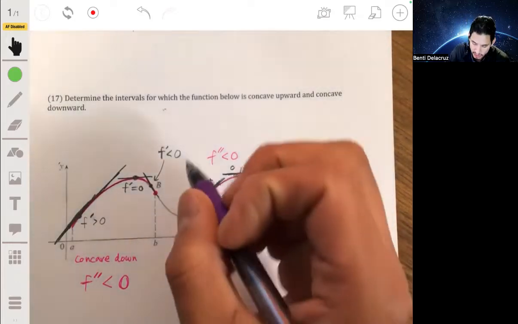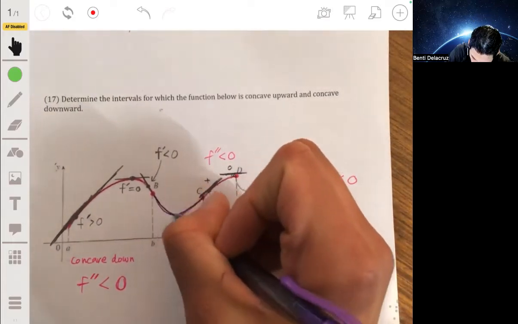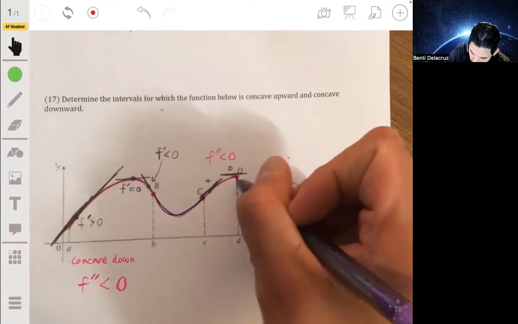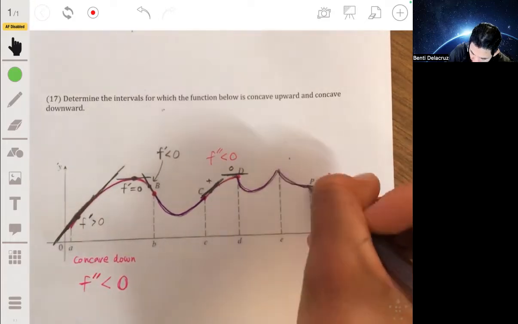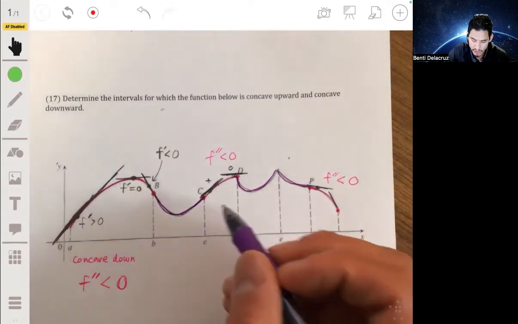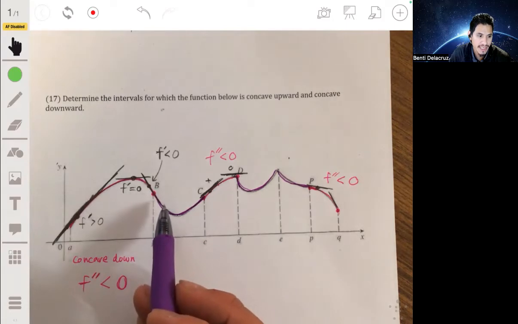Now let's look at the other regions where it's concave up. Here it's concave up. I put that in pink or purple. Concave up here, concave up here, concave up there. It's kind of the opposite of when it's concave down. When it's concave up, that means at those regions, the first derivative is increasing.